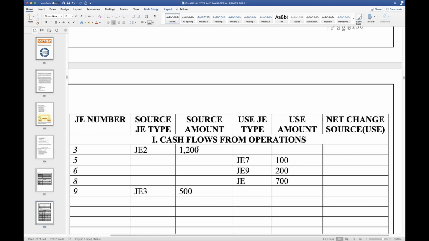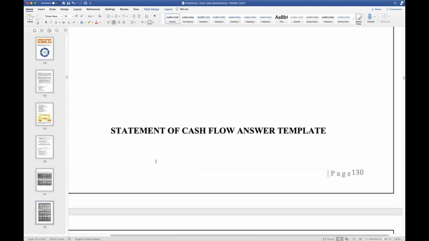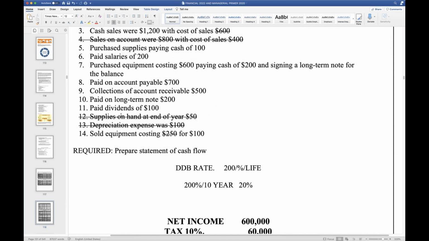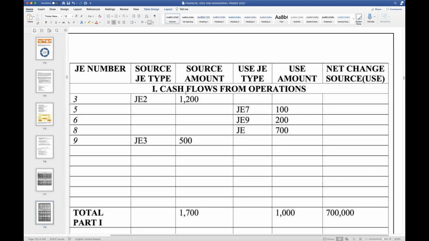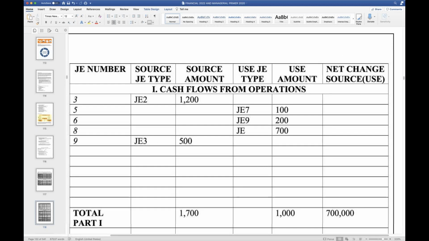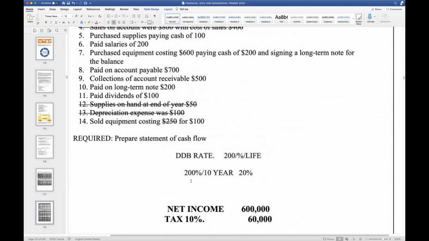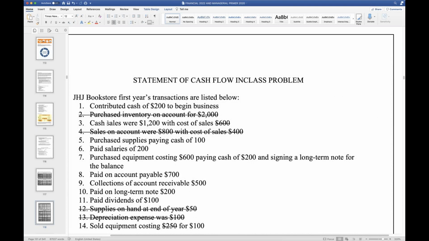And then if we go around to journal entry 9, where we collected cash on receivables, once again, that's going to be an operation as a source. Now, looking back at the problem, when we made the sale on account, we don't count that. We're only concerned with when we collected the cash.